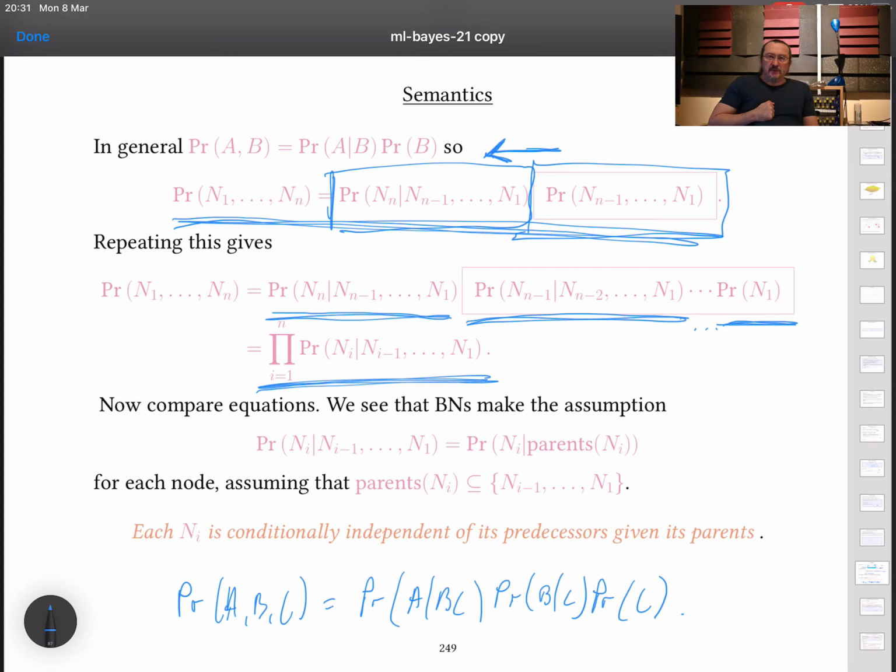And it expresses particular kinds of conditional independence between random variables that in practice are things that we can generally assume when dealing with a specific world or environment that we're trying to model.